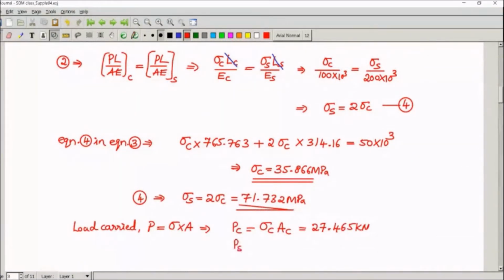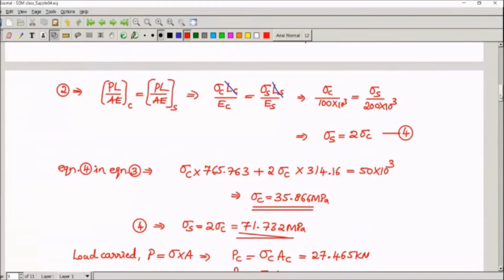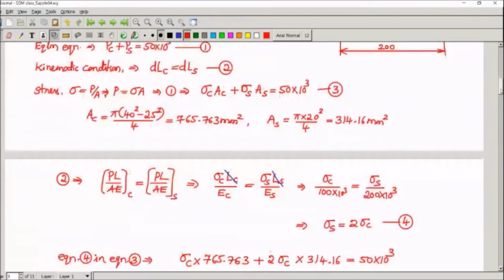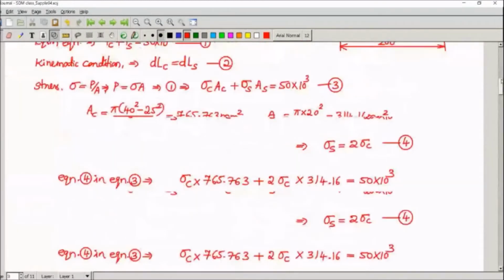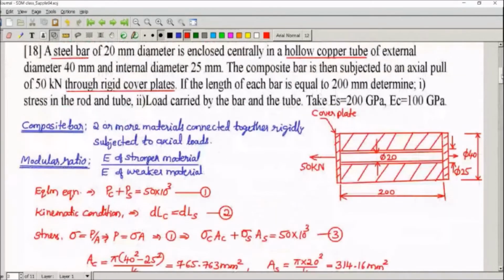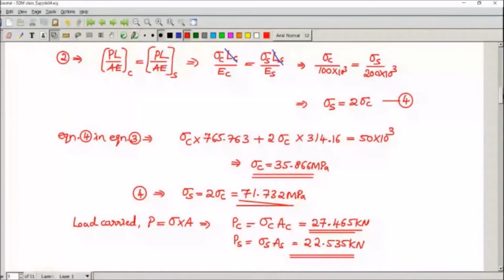Similarly, PS is sigma S into AS. Sigma S is 71.723 and AS is 314.14. When you multiply them, you get 22.535 kilonewton. Now you see, out of 50 kilonewton load, the copper member is sharing 27.465 kilonewton load, and the steel member is taking a load of 22.535 kilonewton.